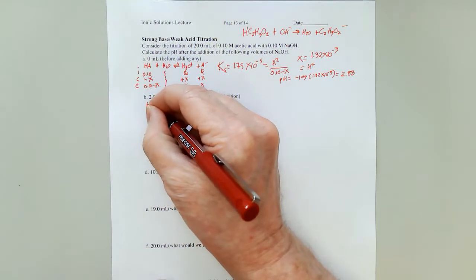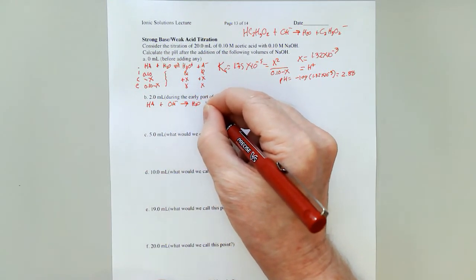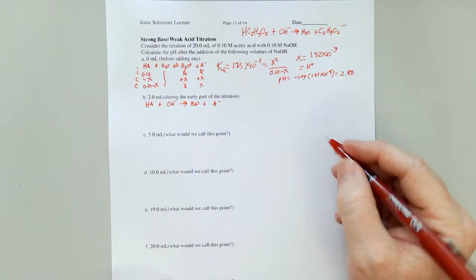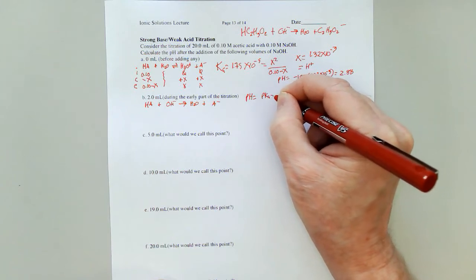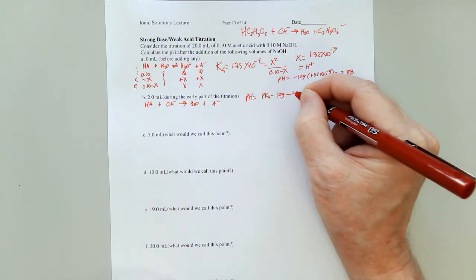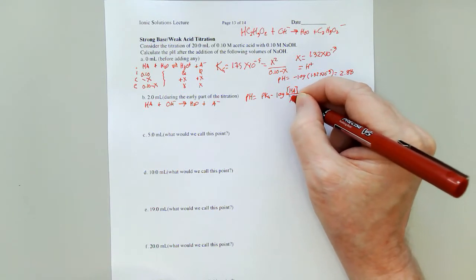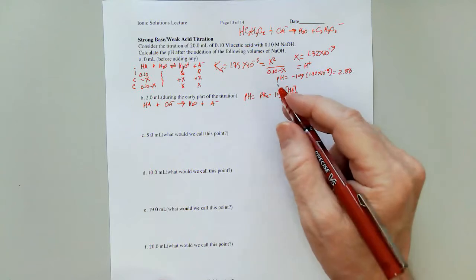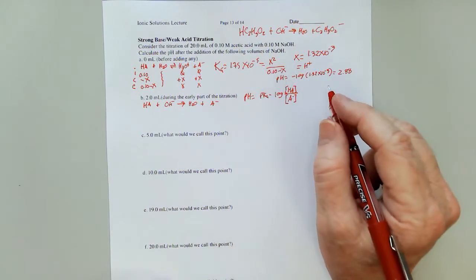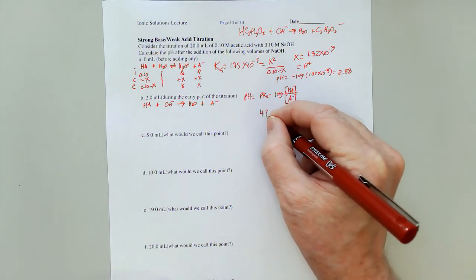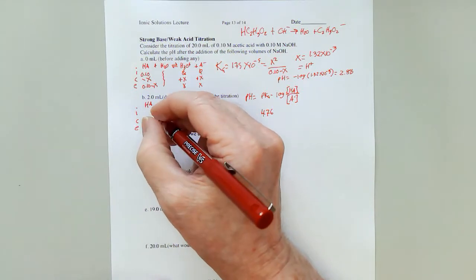So HA plus OH minus gives me H2O and A minus, and when I have a buffer, the pH equals the pKa minus the log of the HA over A minus. The pKa is the negative log of 1.75 times 10 to the negative fifth, which comes out to be 4.76.